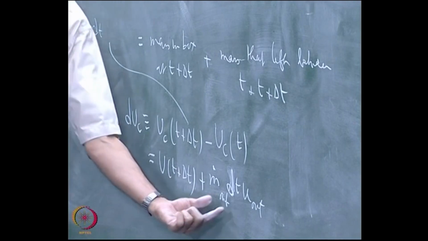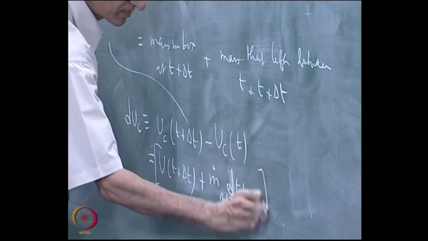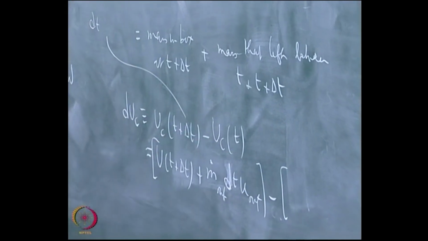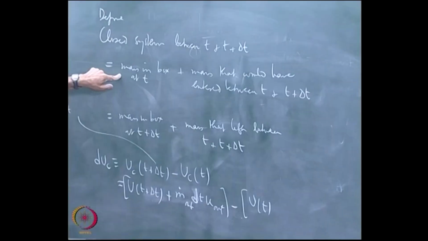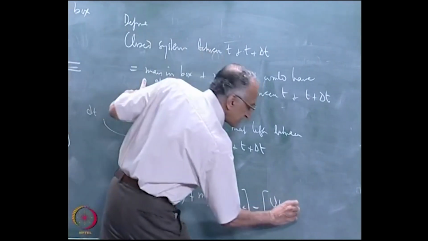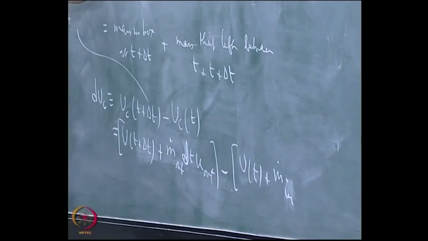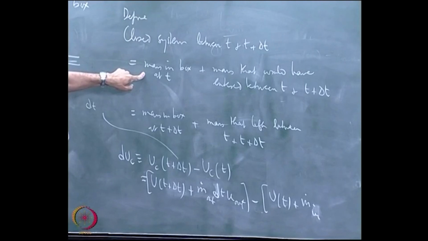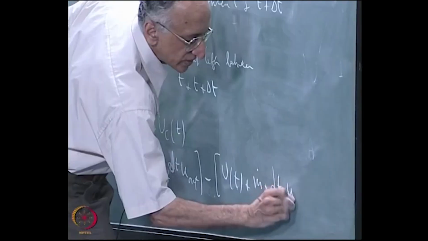M dot is the rate, times dt is the total mass that left, that multiplied by internal energy per unit mass, minus, this is the first part. What is U closed system at time t? It is this, which is U for the open system at time t, that is the total internal energy of the contents of the box at time t, plus this may be different, m dot in may be different from m dot out. It is not necessarily a steady system that I am talking about right now. You have the same interval of time dt times u in.